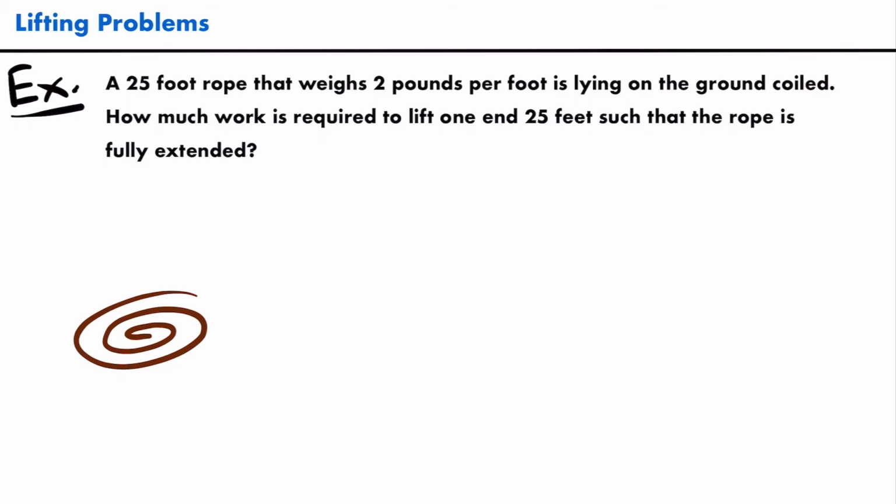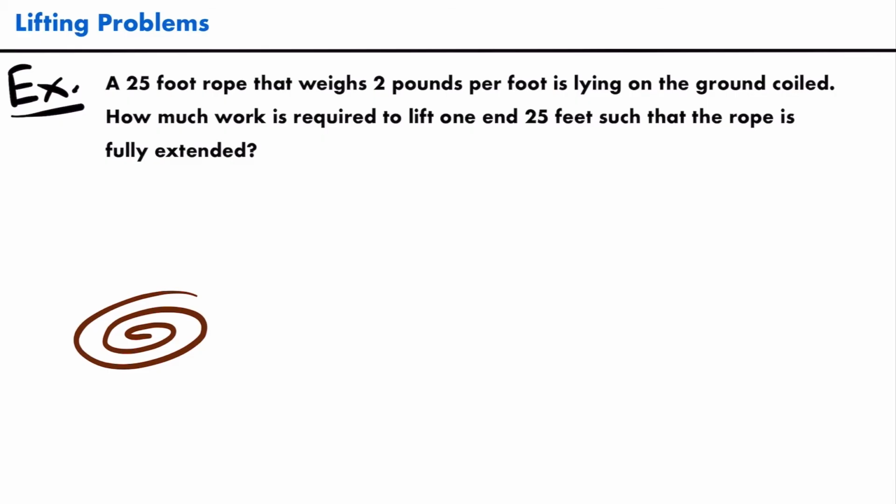If you've ever tried to lift a rope before by just grabbing one end and lifting upwards, you've probably noticed that it starts out pretty light, but as you lift it higher and higher, it starts to get heavier, right? That's a whole lot different than just grabbing the whole rope with both hands and lifting it upwards. We are just grabbing one end and lifting it upwards. If we were lifting the entire rope at once, then that would be a constant force, but since we're only grabbing one end, we're working with a variable force.